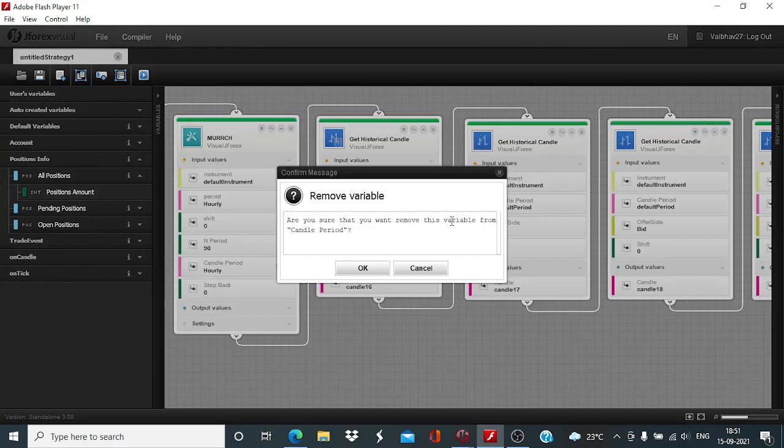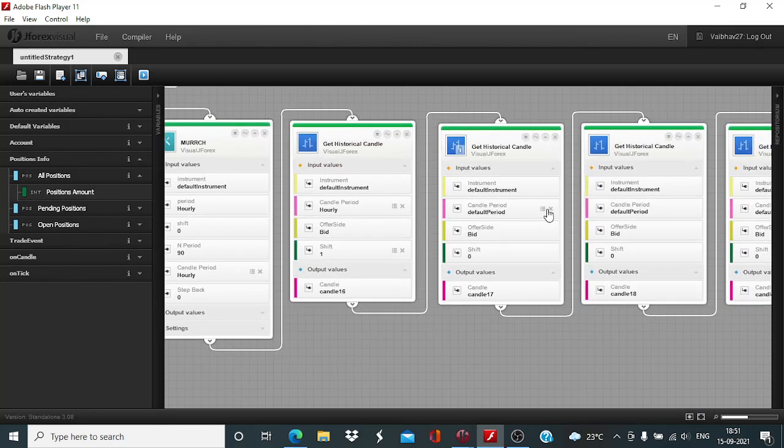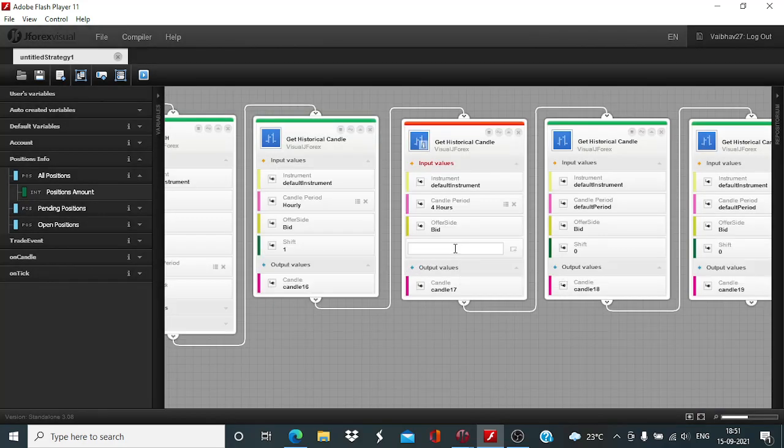Default period I will change to hourly. Shift value is going to be 1. Here I will change this to 4 hourly. And shift value is going to be changed to 1.